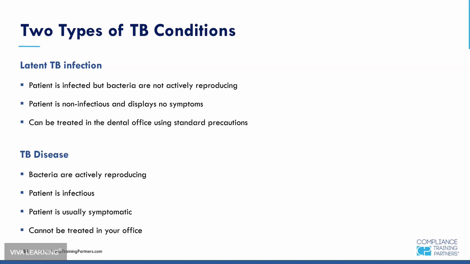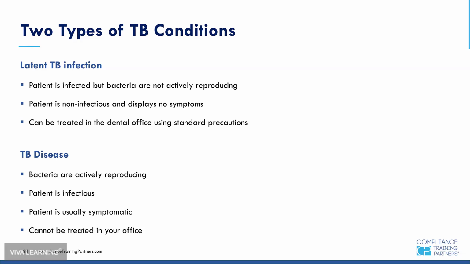Now, TB disease, these people are very contagious, with actively reproducing bacteria. Typically, they're quite symptomatic. They're going to know something's wrong. You're going to know there's a respiratory disease there, but they can't be safely treated in your office, because none of us have a facility like that.